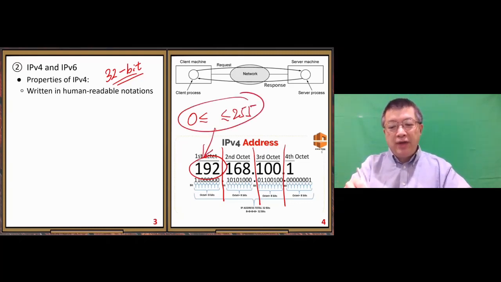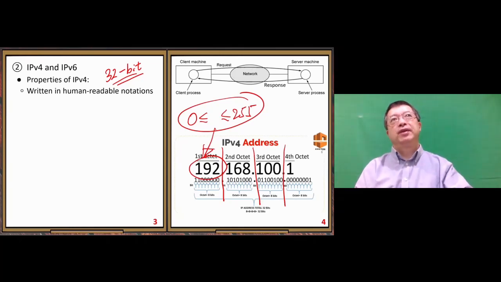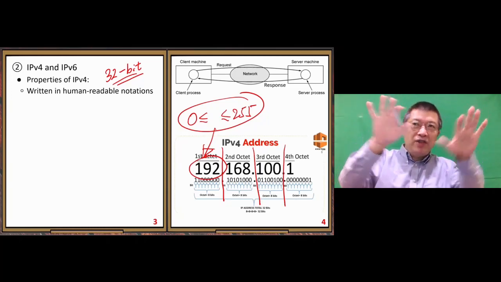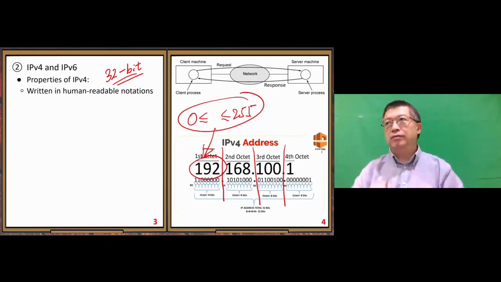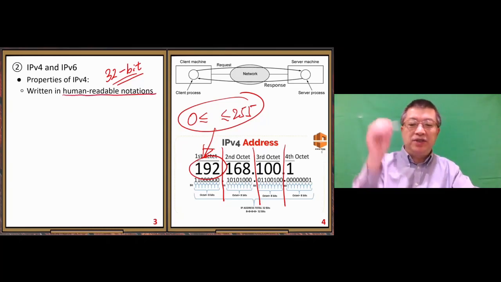So that decimal number is relatively easier to memorize, although still not quite easy, but at least much easier than trying to memorize a 32-bit number. So that's why we call it human readable notation.